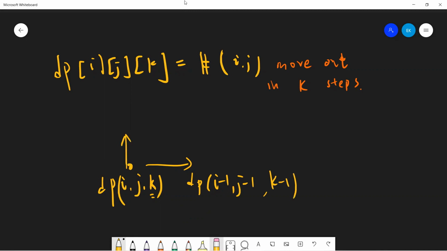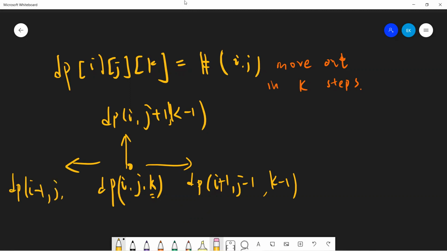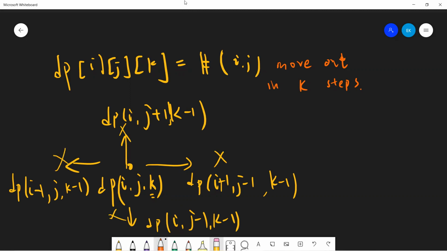And I can also do this: DP[i][j+1] with k minus 1 step, DP[i+1][j] with k minus 1 step, and also DP[i][j-1] with k minus 1 step. So you got 4 choices, and DP[i][j][k] is just the sum of all these 4. And if you're out of the grid, then you only get 1.